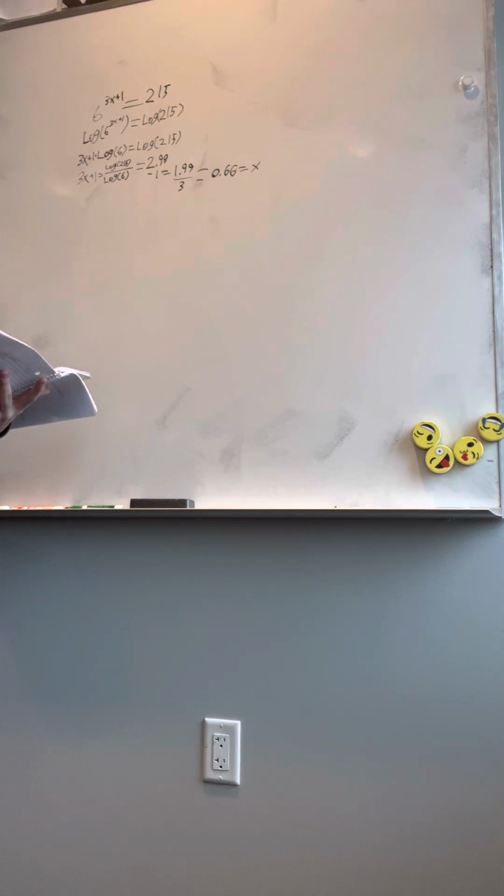Right, so multiplication inside the log turns into two logs adding. Yeah. And then log b of x over y equals log b x minus log b y. That's right. And then log b of x to the power of y equals y times log b x. Good. Just want to make sure you have all your identities.